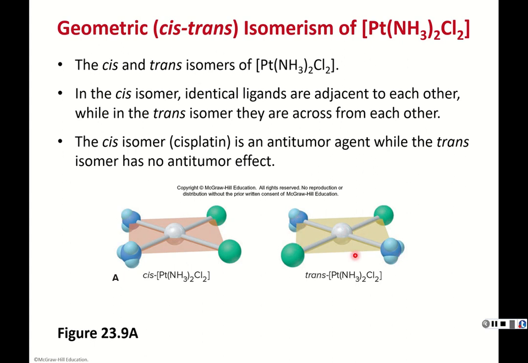If they're on the same side, we call this cis. If they're on opposite sides, that's referred to as trans. And one compound, this is actually an important chemotherapy drug, cisplatin. So it's actually this cis form. And the trans form of it has no anti-tumor effect. So that shows you just how much the geometric arrangement of these atoms can have an effect on the properties of the molecule.